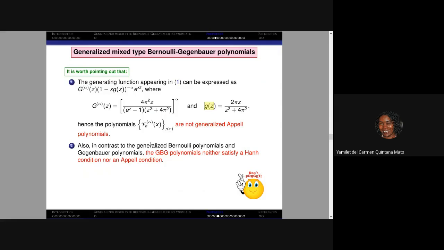Hence, the GBG polynomials are not generalized Appell polynomials. Also, in contrast to the generalized Bernoulli polynomial and Gegenbauer polynomial, the GBG polynomial neither satisfies a Hahn condition nor an Appell condition.